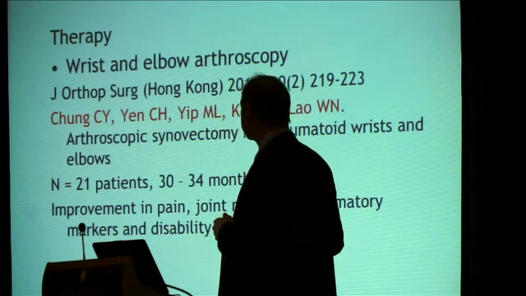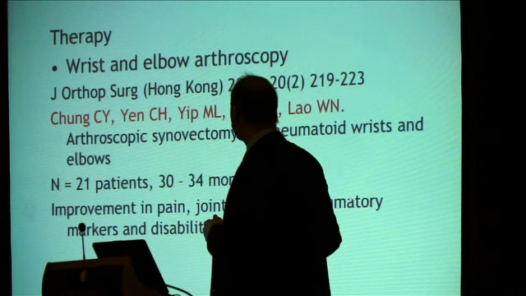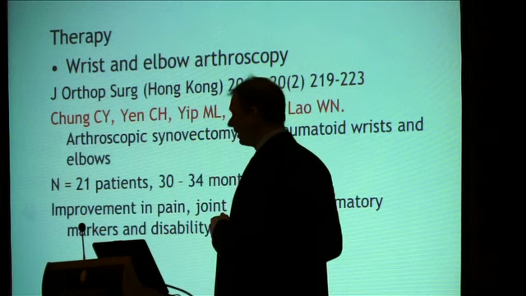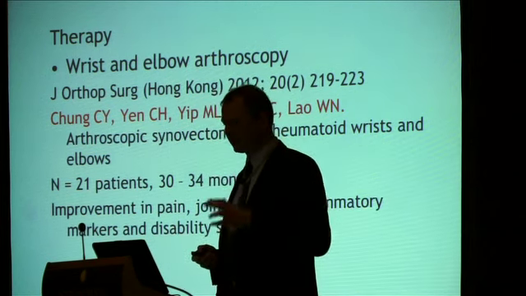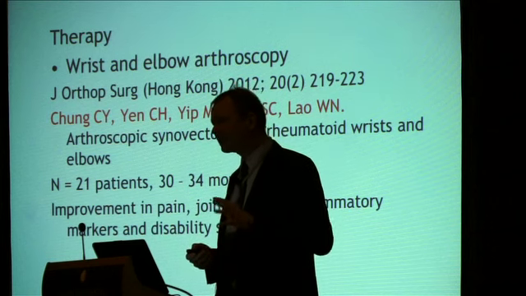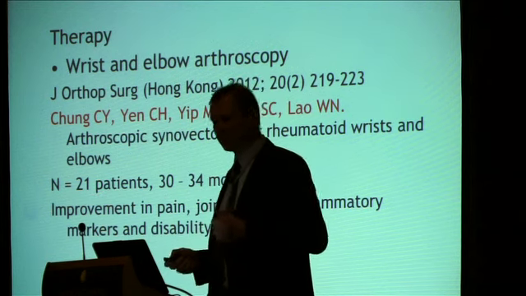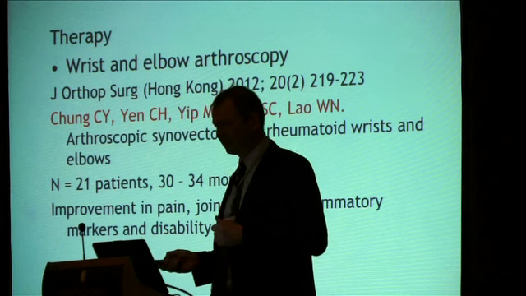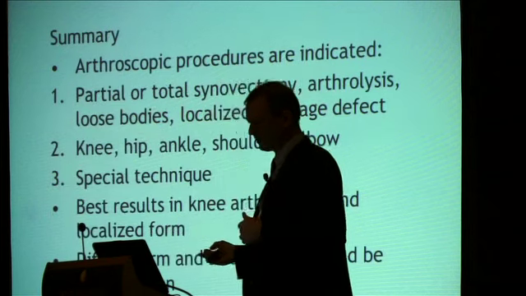One study with wrist and elbow arthroscopy, you see they could improve pain and joint motion, reduce the inflammatory markers, and had also a better disability score when treated by arthroscopy. But in all these studies, you see they only treated just 15, 20 patients and not more. This is a problem in the scientific world with these patients.